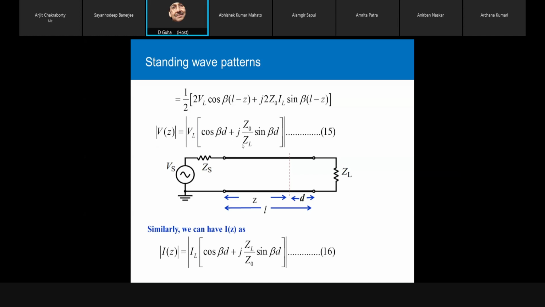Your ZL is in the denominator, Z0 and ZL, and they are going to change their position in the next equation, ZL in the numerator and Z0 in the denominator. So only with this small change, they are going to represent standing wave voltage and standing wave current in a very interesting way.